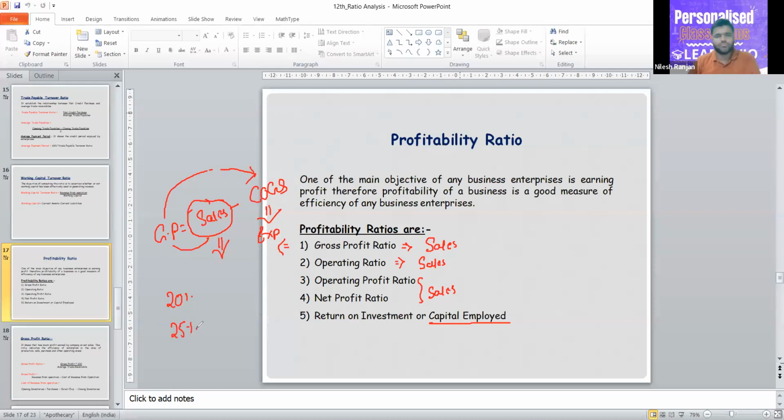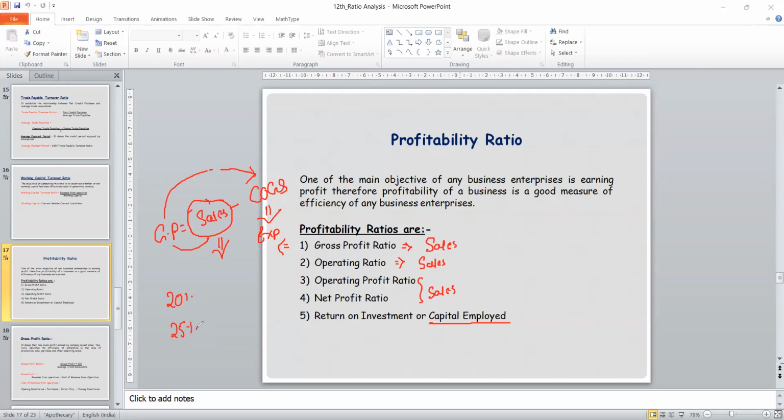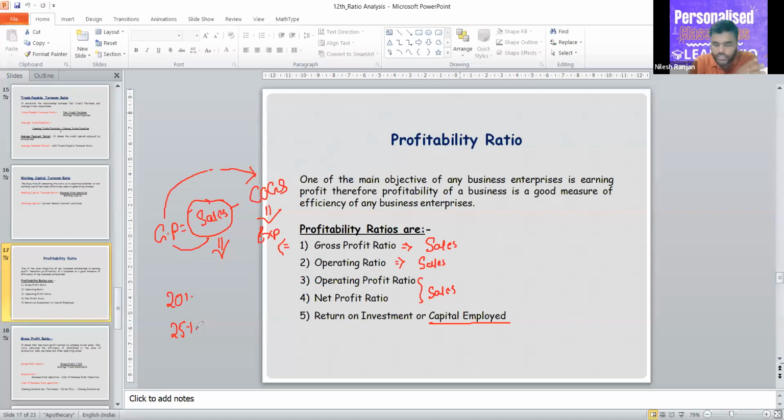So there is not much difference between these two. That's why we generally use sales, because gross profit is related to sales. If we are making sales, then we are earning profit. Now, the first four ratios are related to sales, and the last one is related to capital employed.